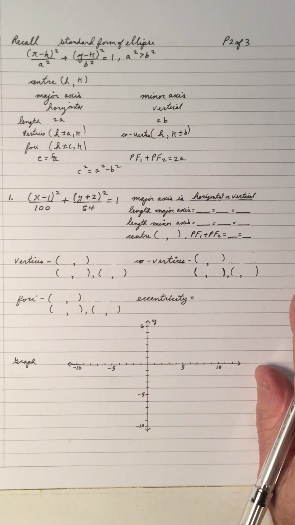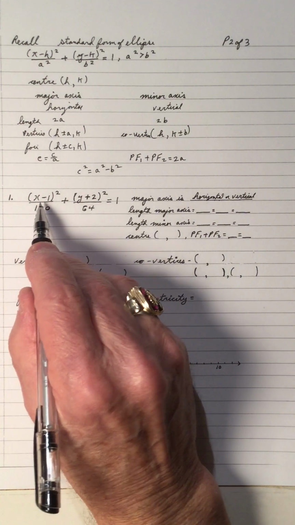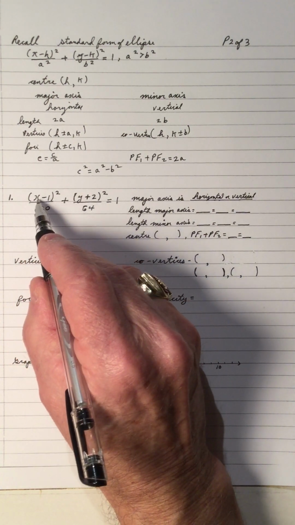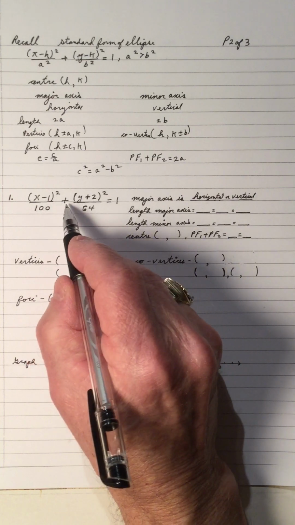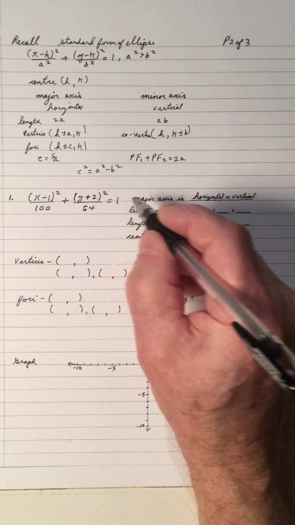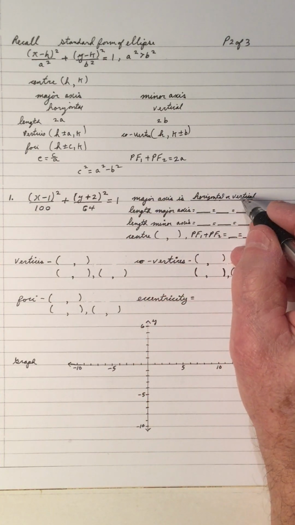Now let's do an example based on the ellipse. We have an equation here. Again, it's a plus with squares, so it's an ellipse: (x minus 1) all squared over 100 plus (y plus 2) all squared over 64 equals 1. Is the major axis horizontal or vertical?